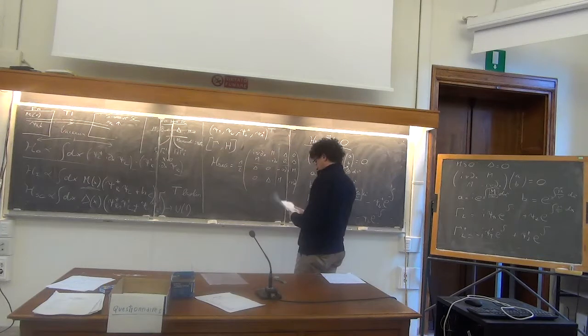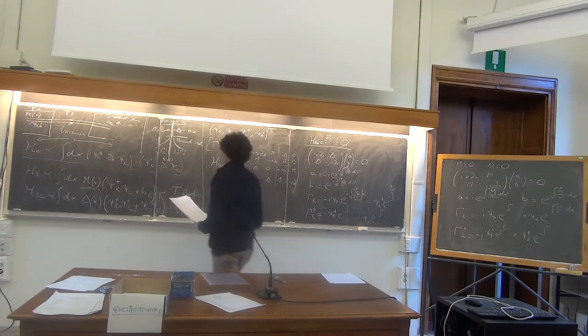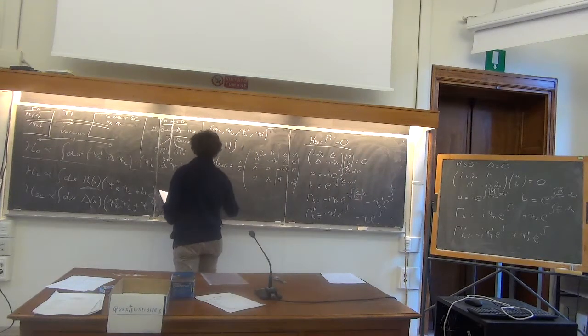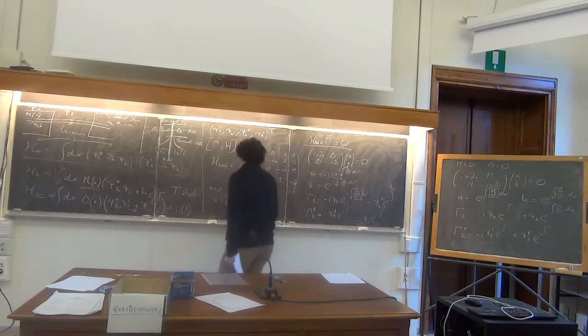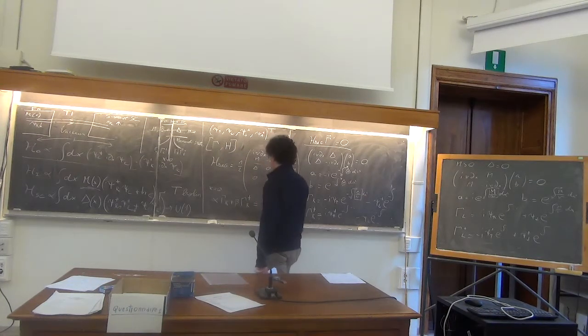So I must impose essentially that for x equal to 0, alpha gamma right plus beta gamma right dagger must be equal to gamma left plus delta gamma left dagger.